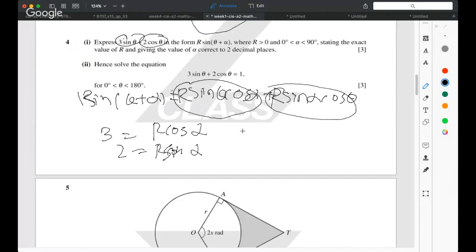To solve this simultaneous equation, there are a few ways. I think the easiest way is to divide 2 by 1, and you cancel out the r. So you get tan alpha is equal to 2 over 3, and you can solve for alpha. And then you can substitute it back to get the r.